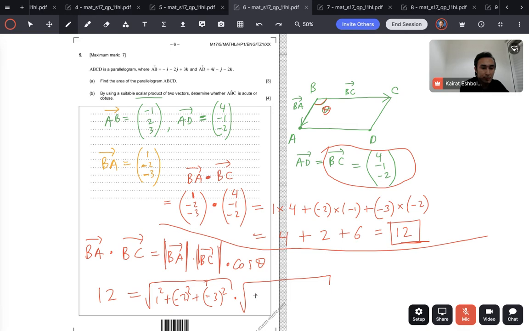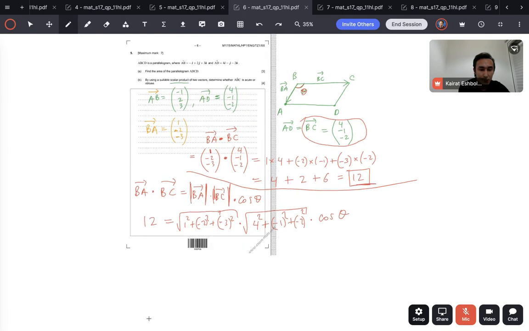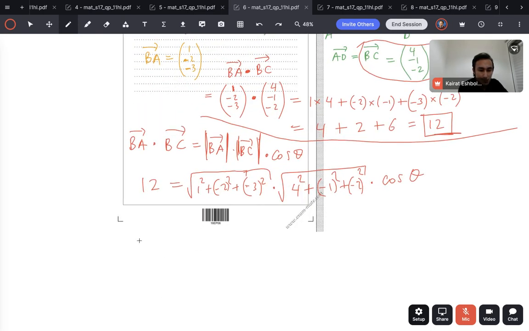It's going to be 4 squared plus -1 squared plus -2 squared, all under a root, and times cosine theta after that. So 12 therefore is equal to root 14 times root 16 plus 1 plus 4, which is 21, times cosine theta.